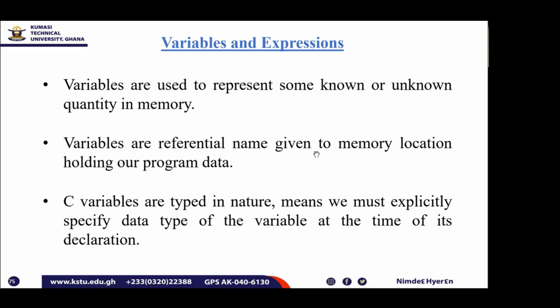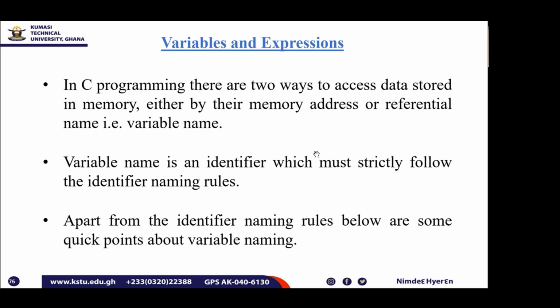So in C, variables are typed in nature, which means we need to explicitly specify the data type of the variable at the time of its declaration. If you have noticed, wherever there is a declaration of an integer variable, you see int, then the variable name.